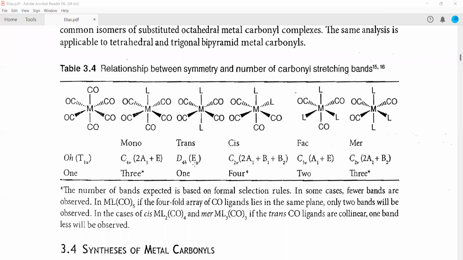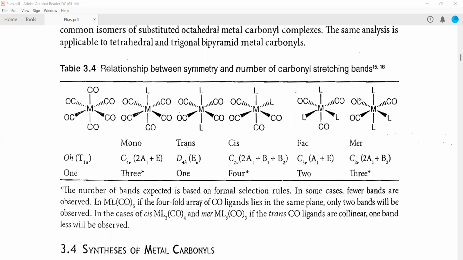If you consider this CO and CO as a plane, and these two CO as the axial ligands, then this line is the C2 axis, and this is the plane, so it is C2v. Here you'll get 4. It is written over here as 4, but you can also get fewer. I think you can get 2 also, since these two are the same and these two are the same.